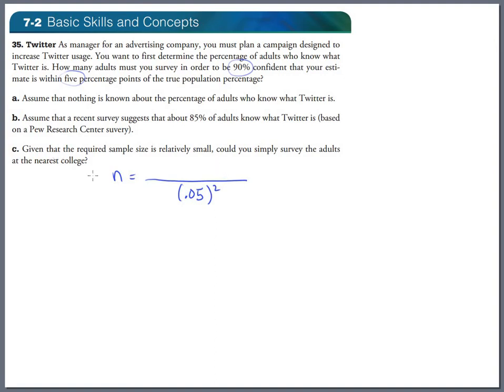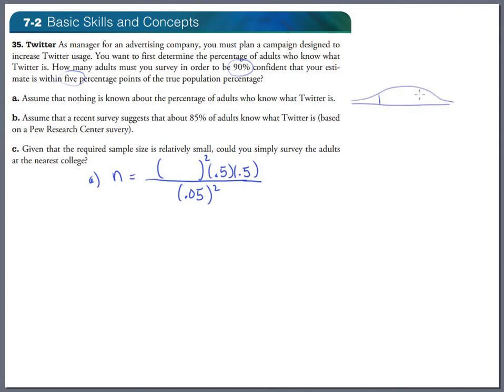For part A, the first time around, we're going to assume nothing is known, so we'll put the 0.5, the 50-50. It's our default assumption if we don't know otherwise. And this time the confidence level is different. It's not 95% anymore.